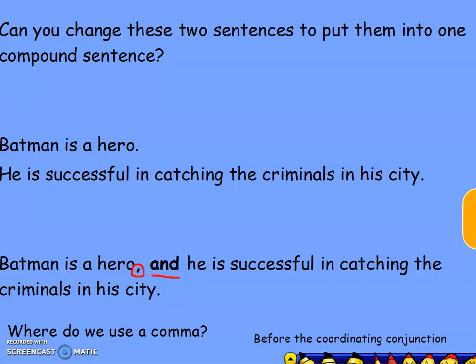So the comma has come before the coordinating conjunction. Write the new compound sentence in your literacy book, making sure you put the comma in the right place, after the first main clause, but before the coordinating conjunction. Pause the video while you do this and then press play when you're ready for today's Spag Chili challenge.